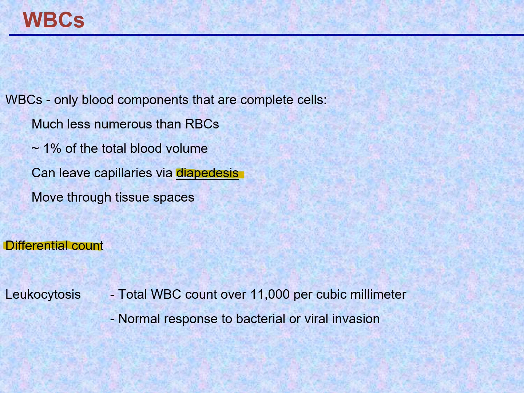If the overall white cell count goes over 11,000 per cubic millimeter, then that's considered an abnormally high count and is considered to be leukocytosis, which suggests some kind of microbial infection, either bacterial or viral infection. That's a typical very early response. You'll see leukocytosis where the white blood cell count is rising.